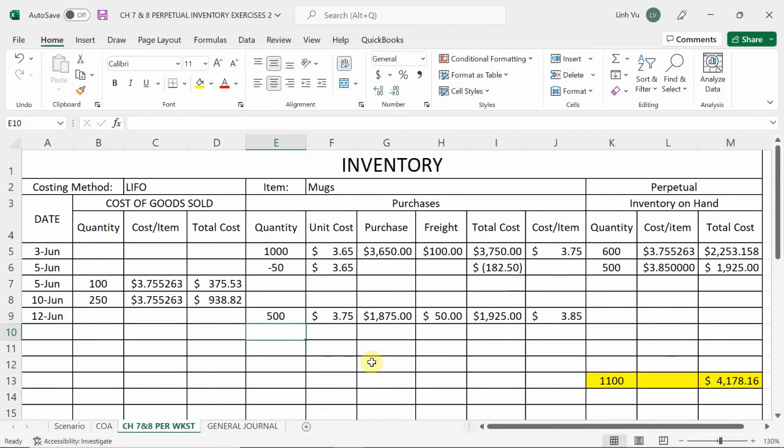This is where, if you really want to, you can make a separation to the account, just so you can be aware that 100 units are the large cups. Because in reality, you would take this out of your inventory and put it into another inventory, because you have two different types of inventory.